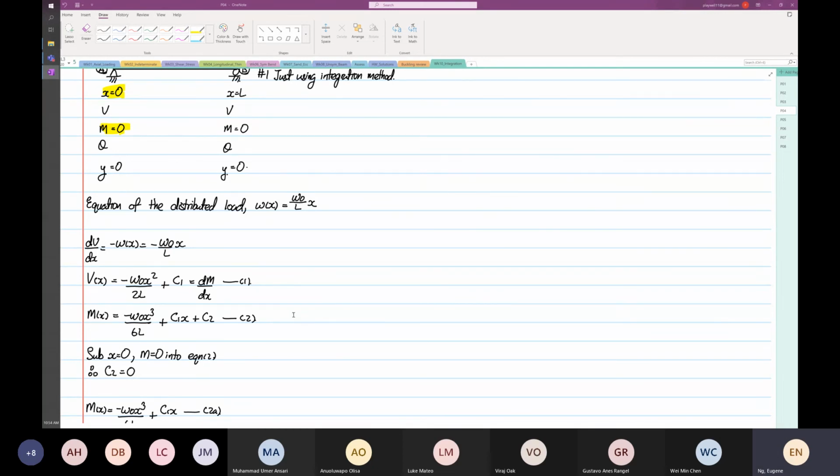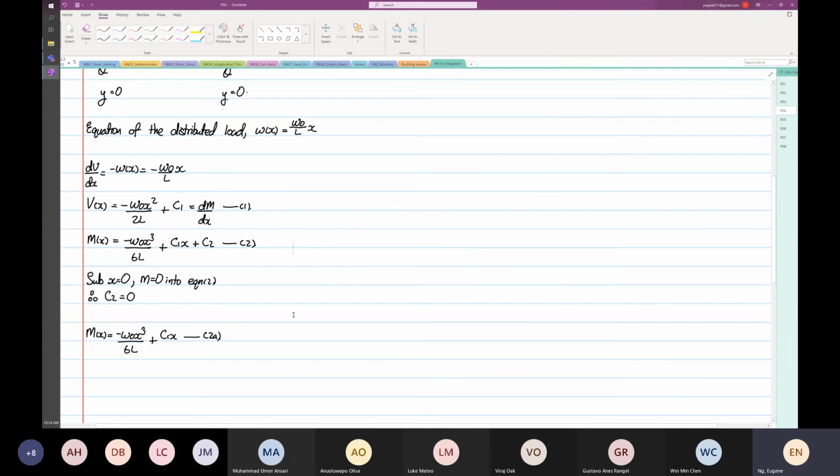Then from equation 2a, we can substitute our next boundary condition. We know that when x is equal to L, m is equal to 0, and then we substitute into equation 2a.